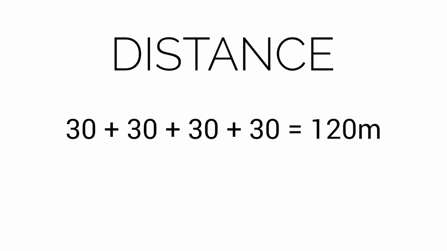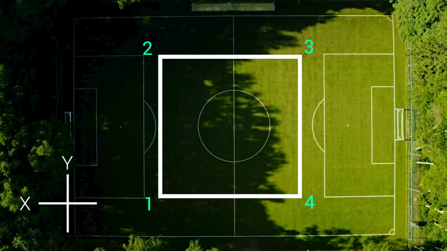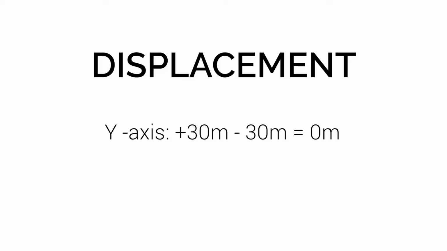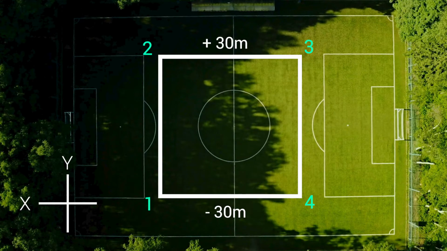That's a scalar quantity. But his displacement would be 0. It would be 0 because he's back to where he started. When he moved forward, and he moved back as well. So 30 minus 30, that's 0 in the vertical axis. And when he moved to the right, he moved 30 meters to the right, and then he has to move 30 meters to the left.